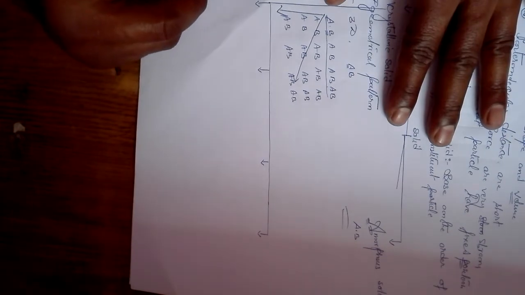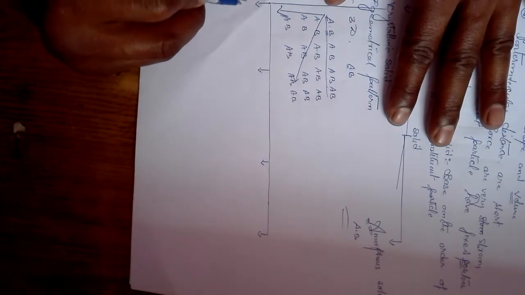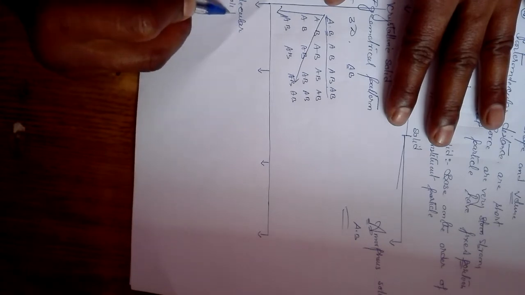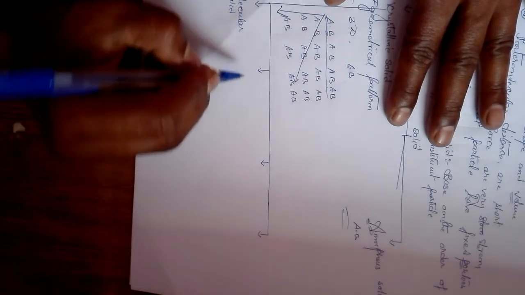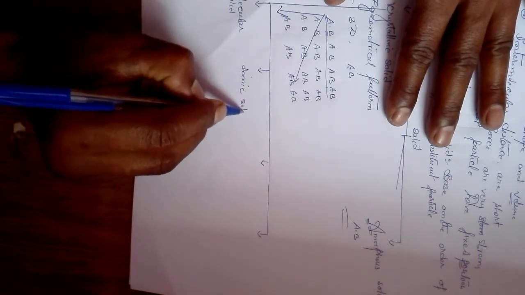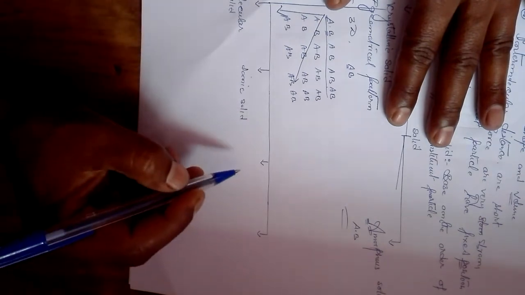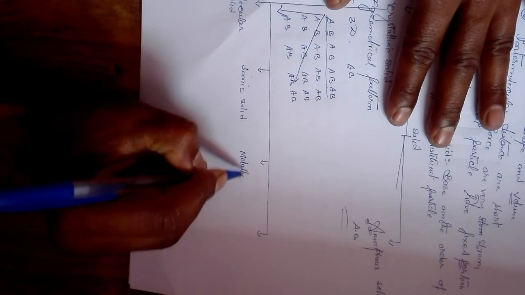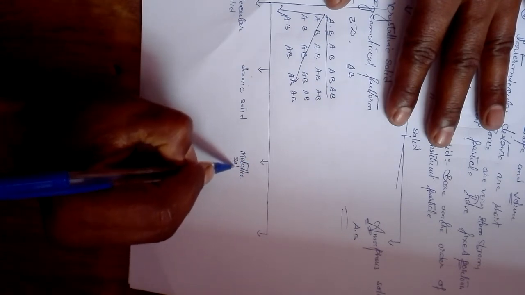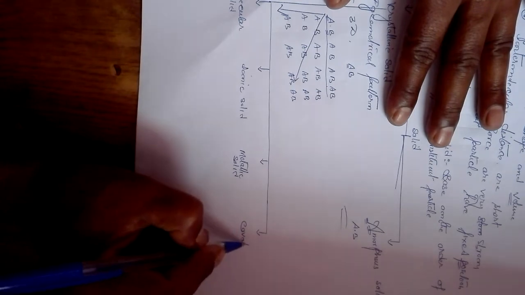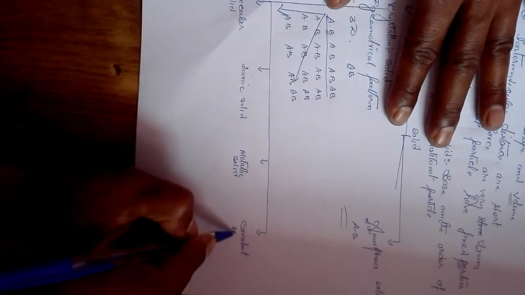Number one are known as molecular solids. The second type of crystalline solid is ionic solid. The third type is metallic solid. And the fourth is covalent solid. Please keep that in mind.